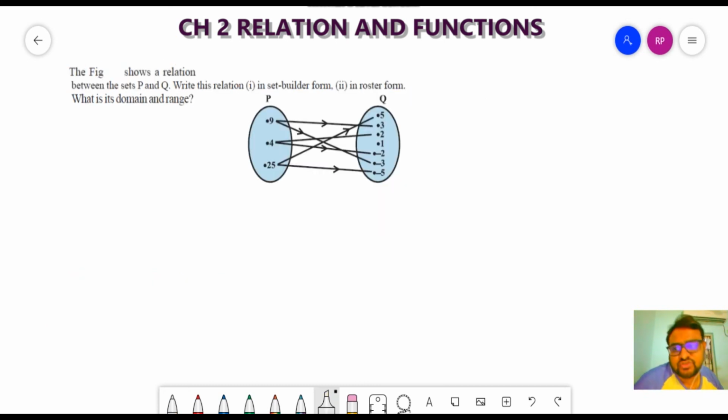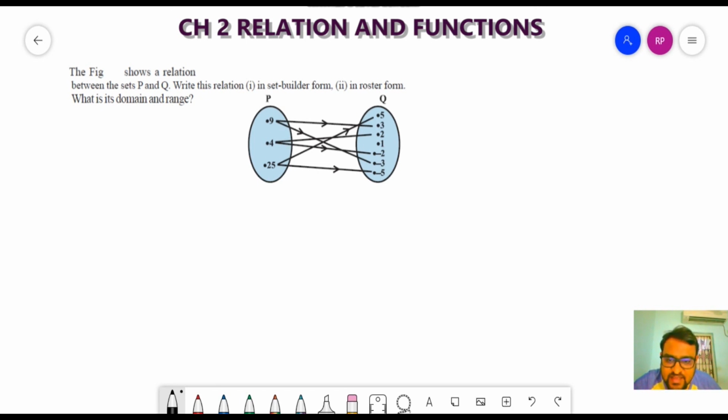The next question: the figure shows a relation between the sets P and Q. Write this relation in set builder form, means property method, and roster form, and what is its domain and range. Okay, so now see here, you can see that set P consists of the elements 9, 4 and 25.